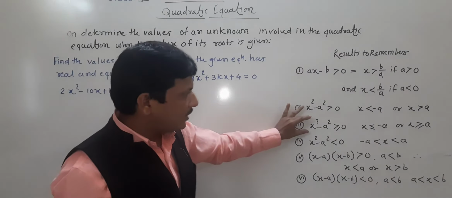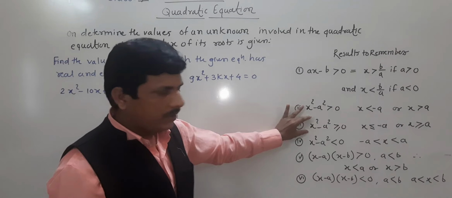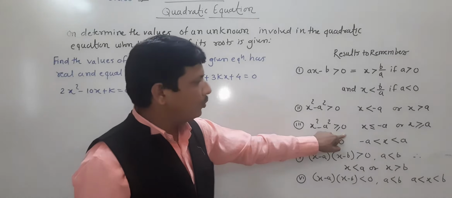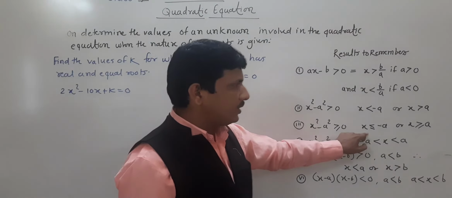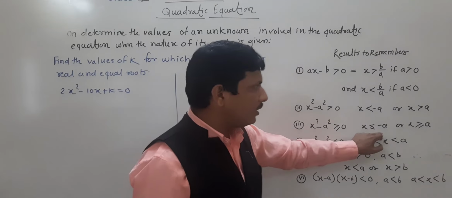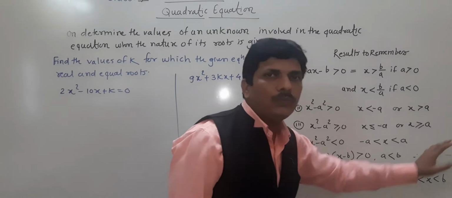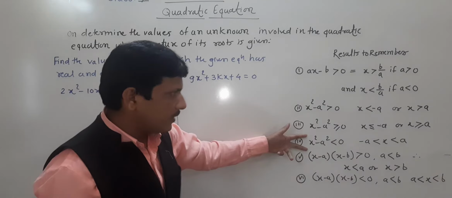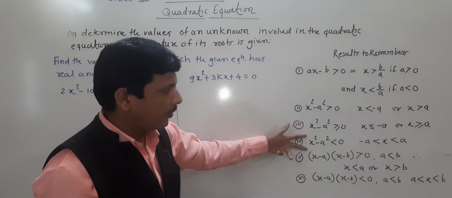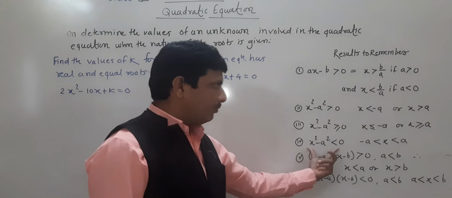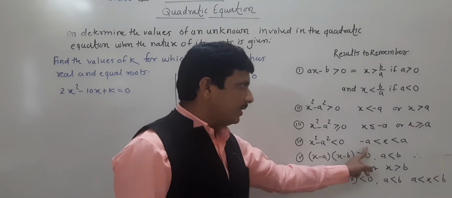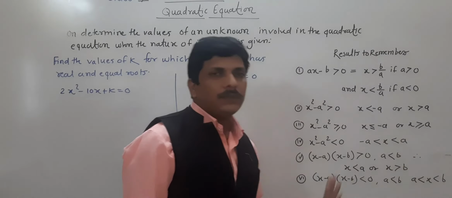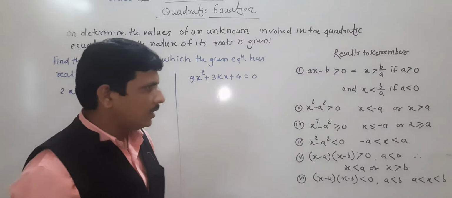Third result: x square minus a square is greater than or equal to 0, when x is smaller than or equal to minus a, or x is greater than or equal to plus a. Now, x square minus a square is smaller than 0, when minus a is smaller than x and x is smaller than plus a. This result you will get.